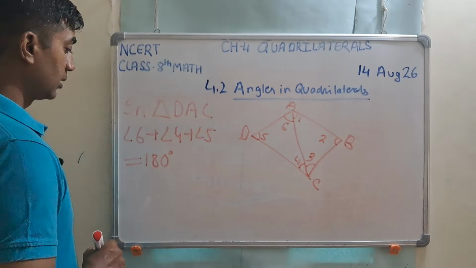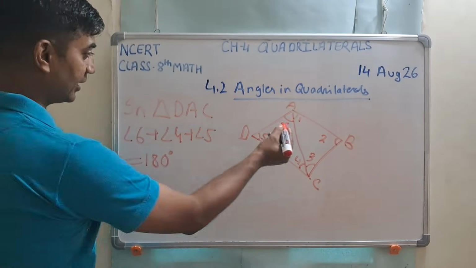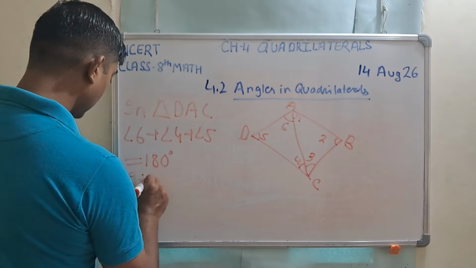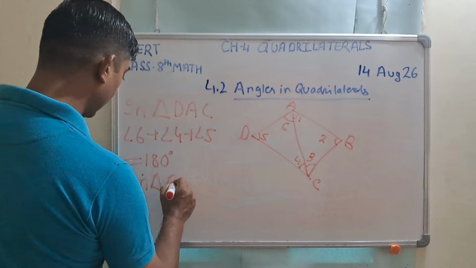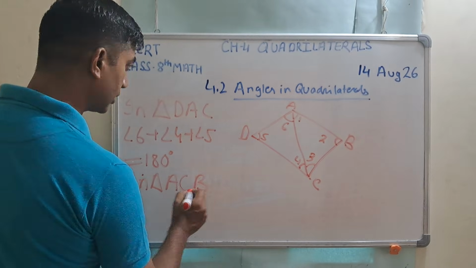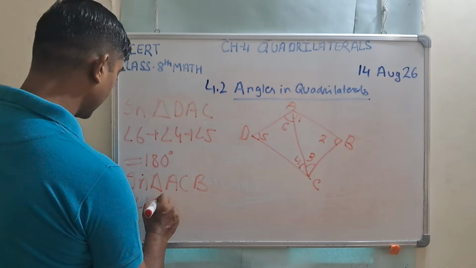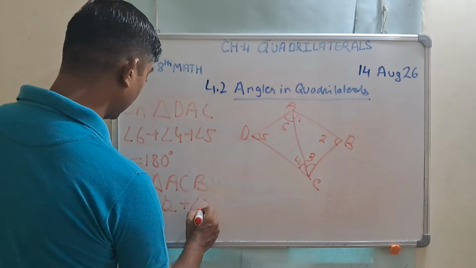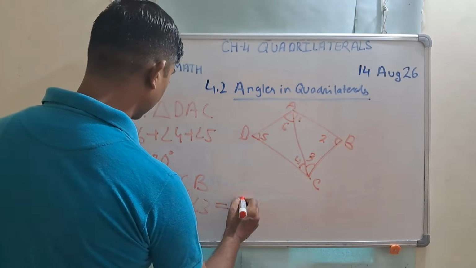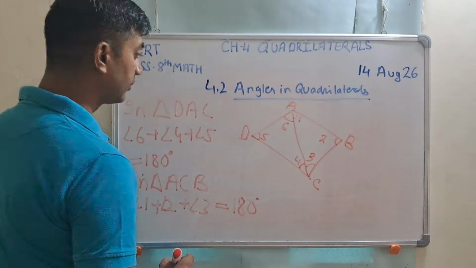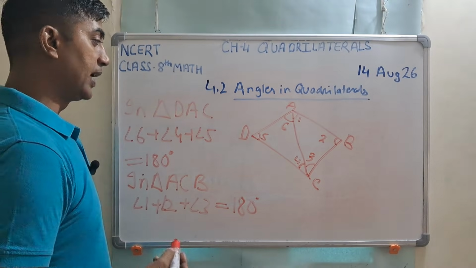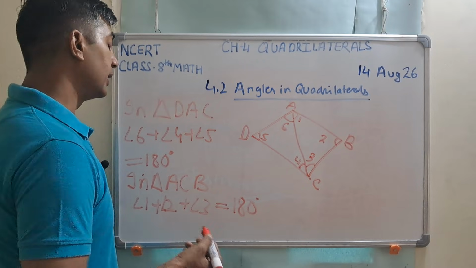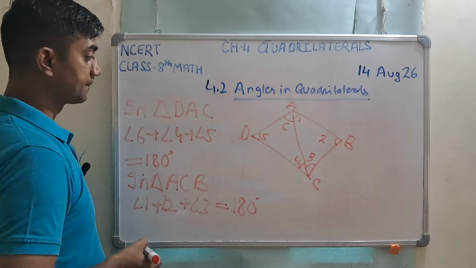Right? Also in triangle ACB, angle 1 plus angle 2 plus angle 3 is equal to 180 degree. Correct? This is from the fact that the sum of the internal angles of a triangle is 180 degree.